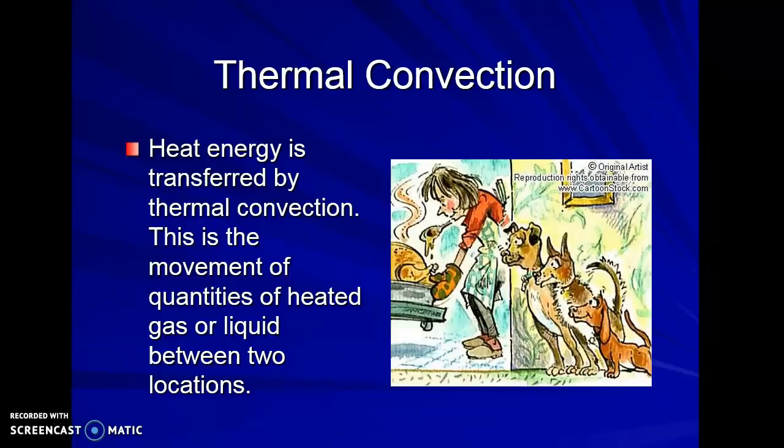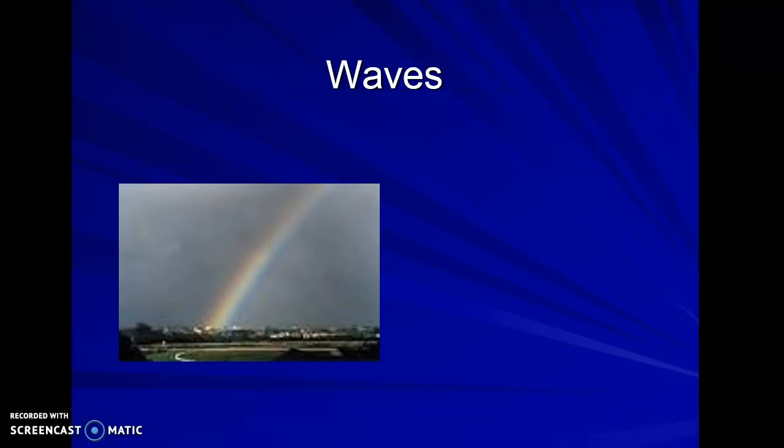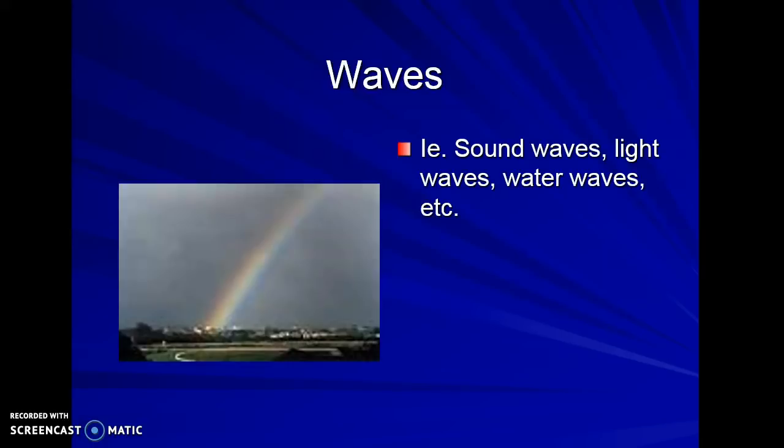Another way that we can transfer our energy from one location to another is through waves. And again, that's where our chapter is leading us. Some examples of waves are sound waves. Anytime you hear a sound traveling, it's traveling in a wave. Light waves, the waves you see in water in the ocean, and any waves that come from an earthquake, like seismic waves, are also examples.